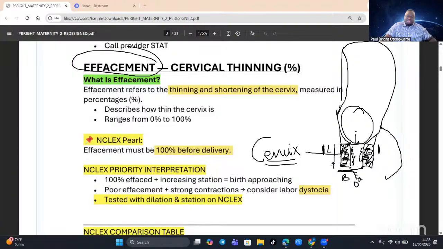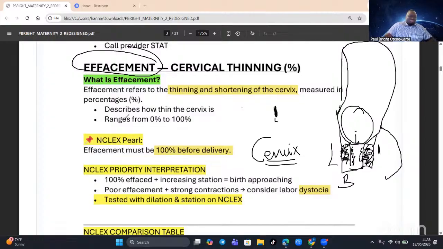So this is the length and the breadth. We get a cervix where the length has become so small and the breadth so thin, like this. With that, this big head can pass through.